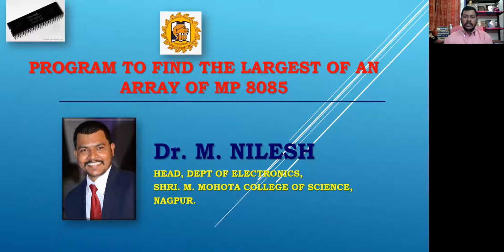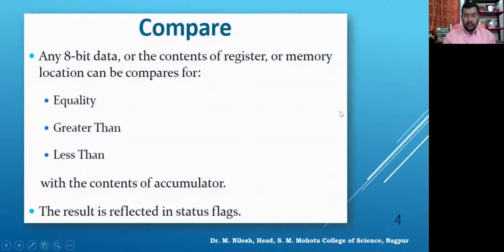Now, to begin with, let us start with some of the instructions which are very essential for this program. The first is compare. What this compare instruction does, as I've told you earlier, is that 8-bit data or the contents of a register or memory location are compared with the accumulator, and they can show you equality, greater than or less than as per the flags.